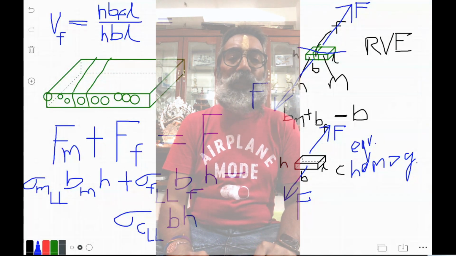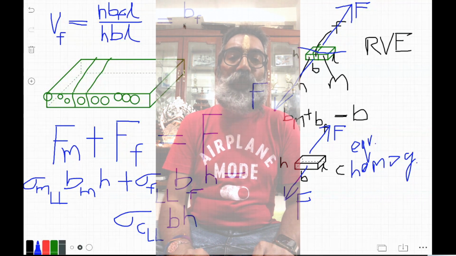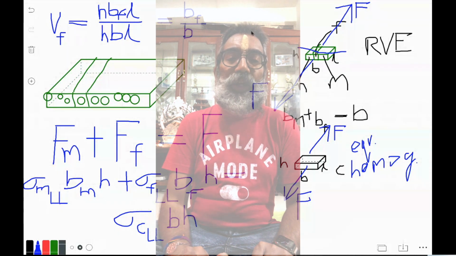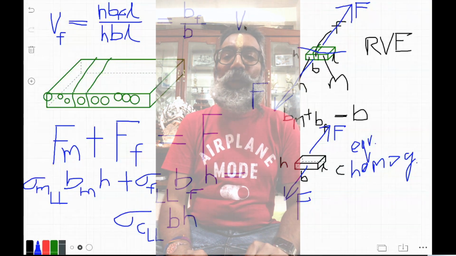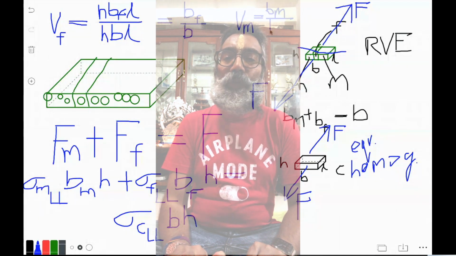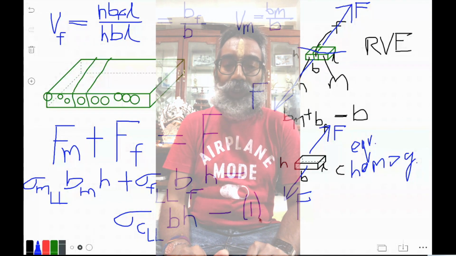So H and L cancel, so for the simple geometry that we have chosen for the representative volume element, it becomes BF by B. So that's what is the volume fraction of the fiber. Similarly, you can see that very easily the volume fraction of the matrix is going to be given by BM divided by B, right? So now let's call this equation number 1.